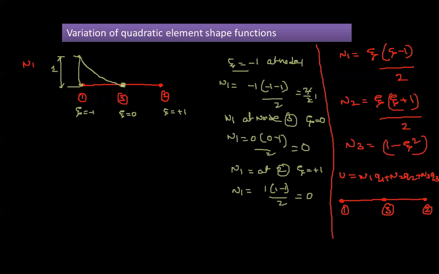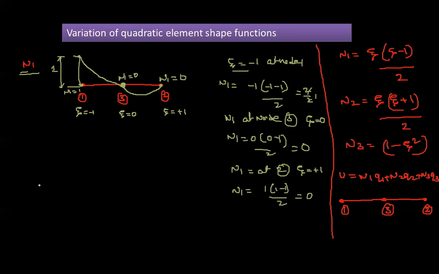Therefore it is a quadratic curve, so it goes down as well as comes up, following the downward shape from here to here, and then it joins again here. So N1 at nodal point 1 is equal to 1, N1 at nodal number 3 is 0, and N1 at nodal number 2 is equal to 0. This is the variation of the shape function for the element.